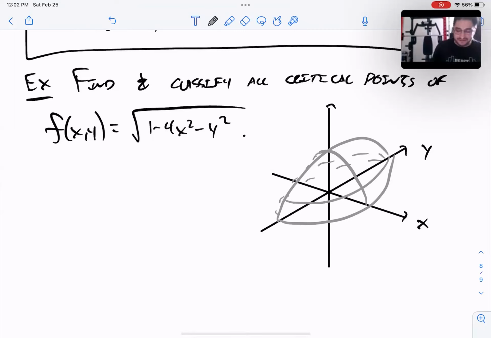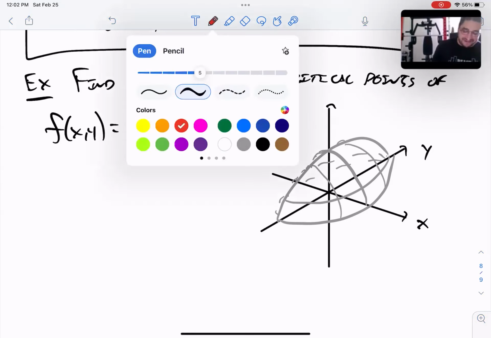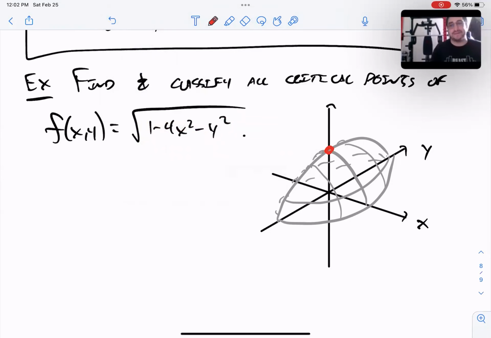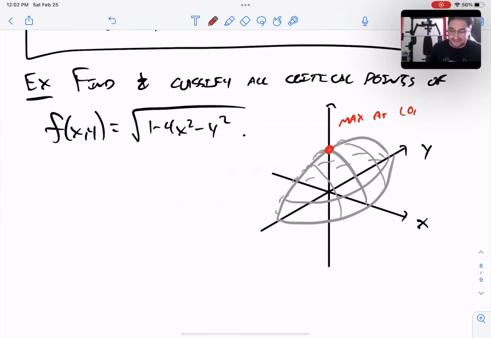Here we should just have a max at the origin and nothing else, based on having a good sense of the graph. So I'm hoping this comes out as max at 0, 0.